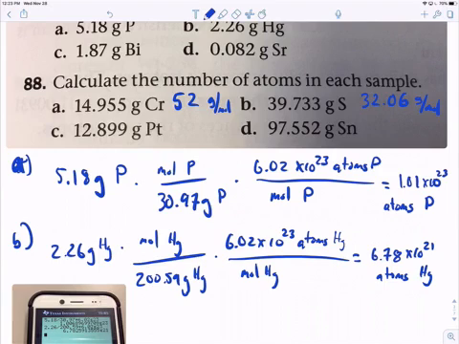I got 47. I used 32. Okay. Yeah. Whatever. Close enough. Is that right?